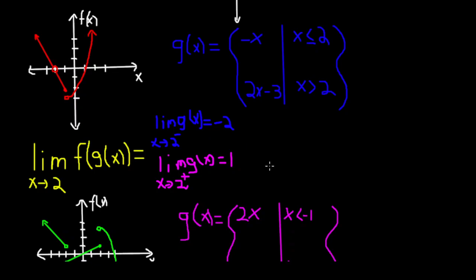Yeah, I did that right. Now these two are not equal. So technically, the limit as x approaches 2 of g of x doesn't exist, but that might be okay. What we're going to do is branch this off into two different problems. Because remember, negative 2 and 1 aren't our final answers. That's just what you plug into f.